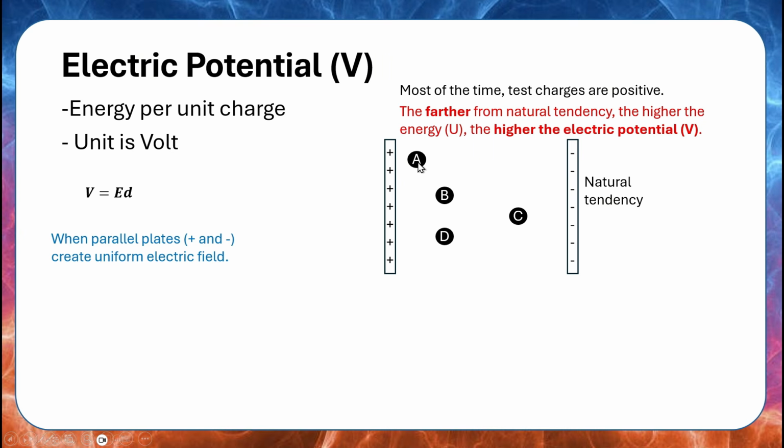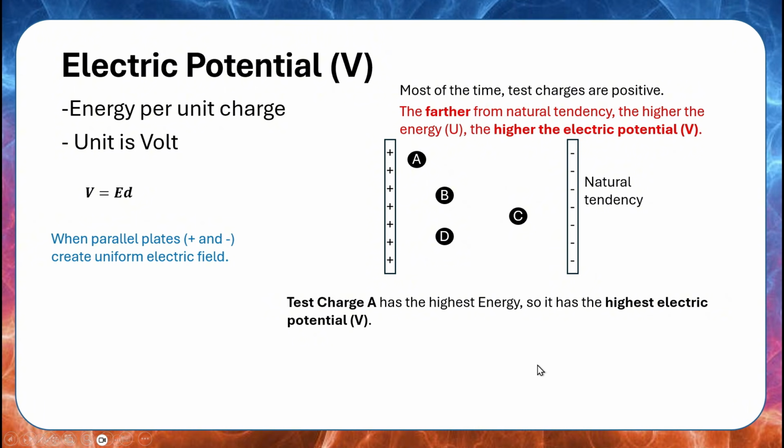So since A is farther from its natural tendency, which is negative, A has a larger electric potential energy, U, and it also has a higher electric potential, V.